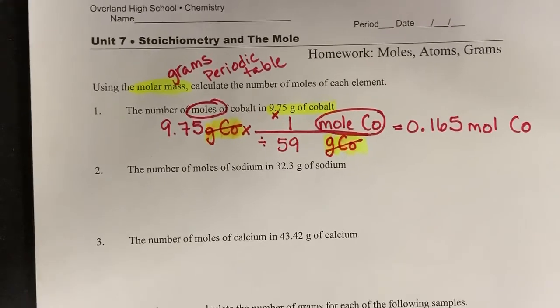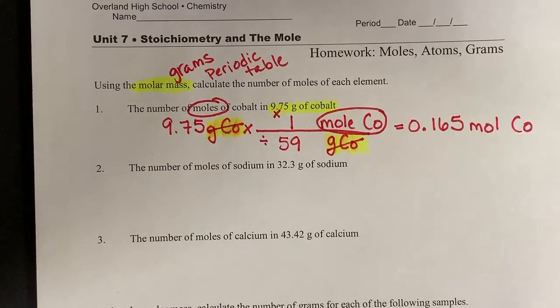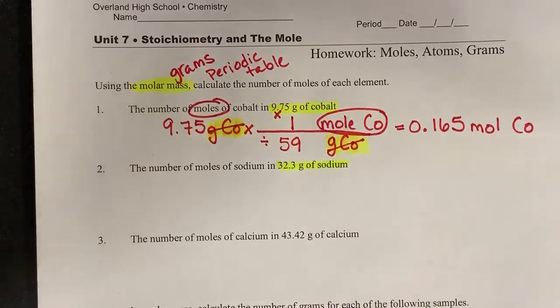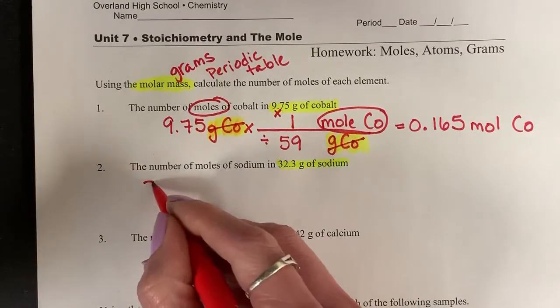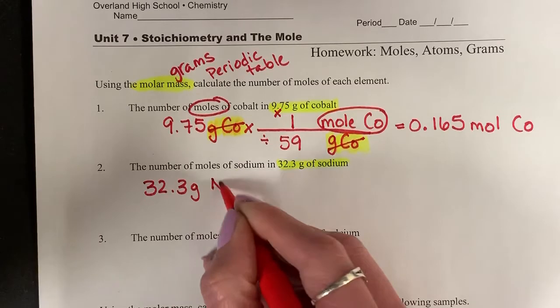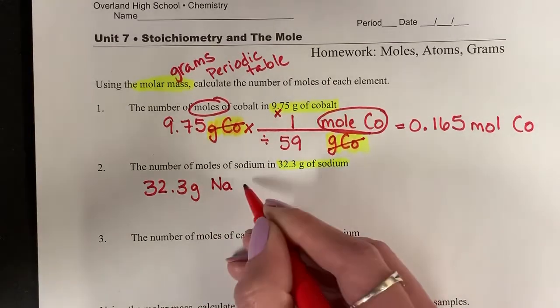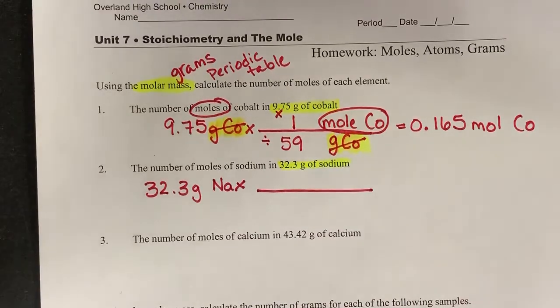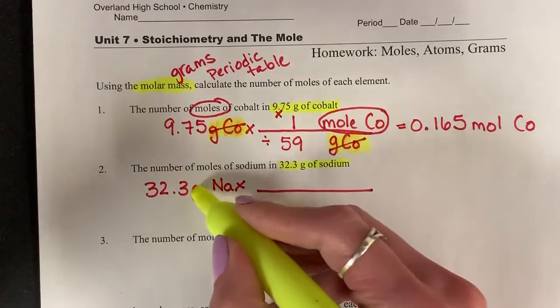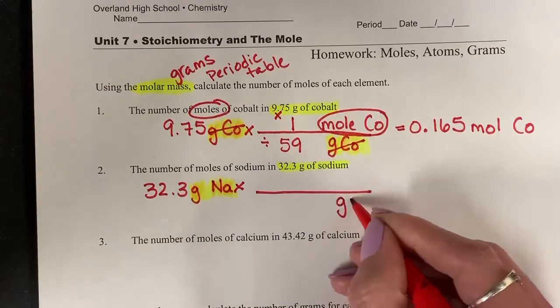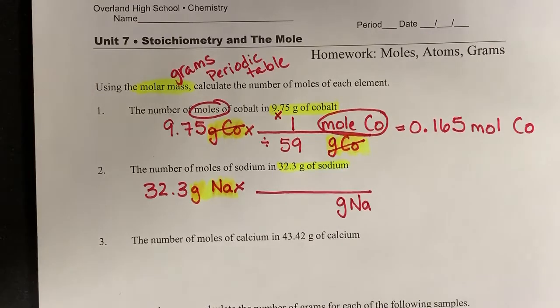So what we should have had in number 2 is we should have started with the number given, 32.3 grams of sodium. I'm going to draw my times sign and my line. Because I'm starting with grams of sodium, I need to write that on the bottom of the line.